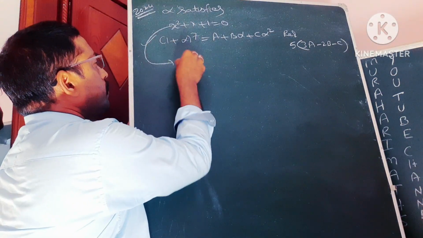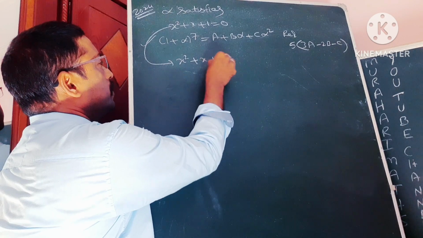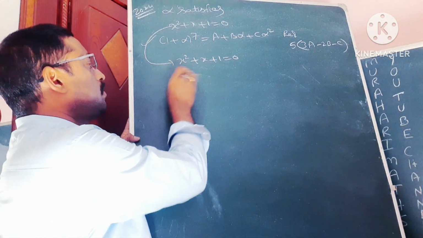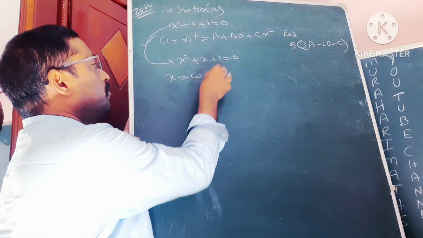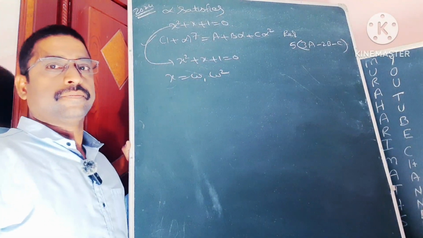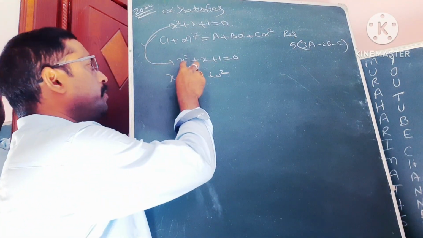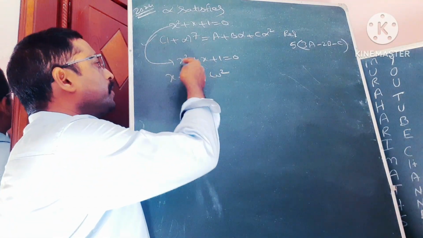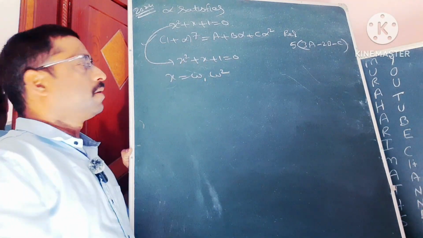So x square plus x plus 1 is equal to 0. This equation satisfied roots are omega comma omega square. Why? Because omega square plus omega plus 1 is equal to 0. So in the place of x, omega square, right?